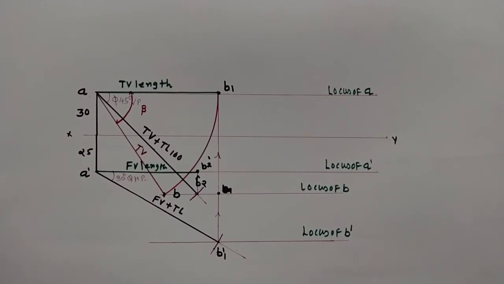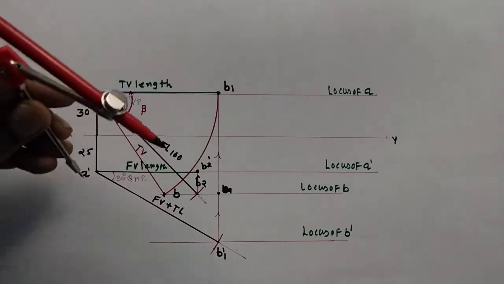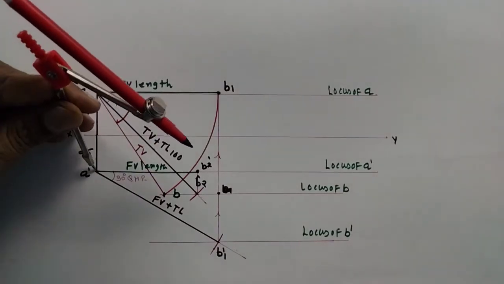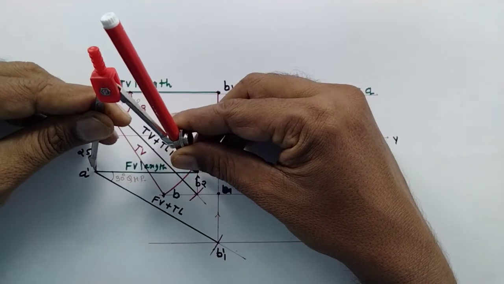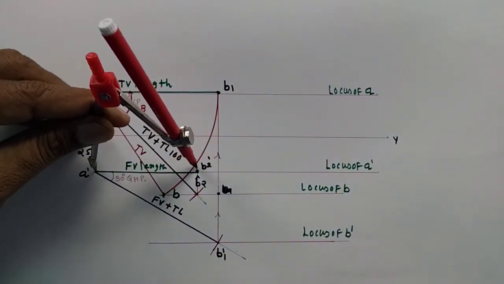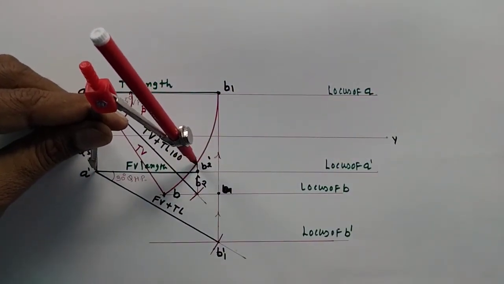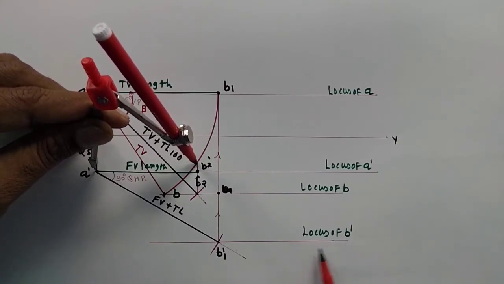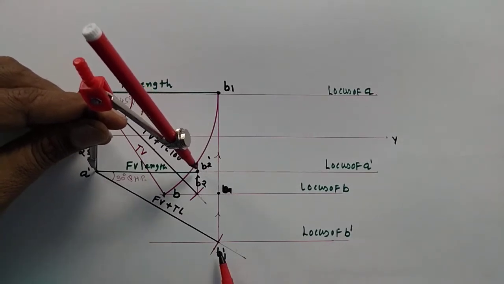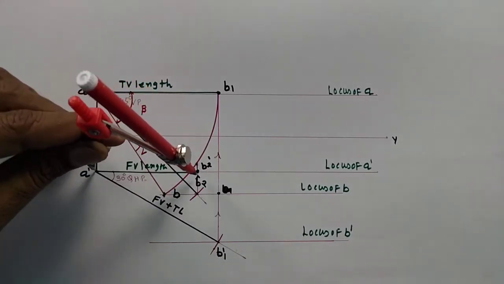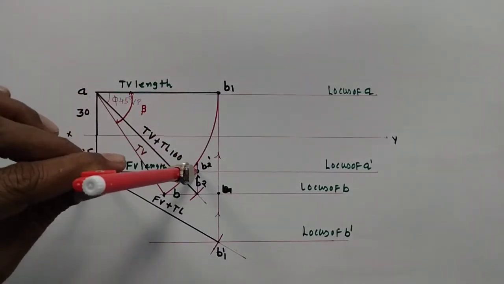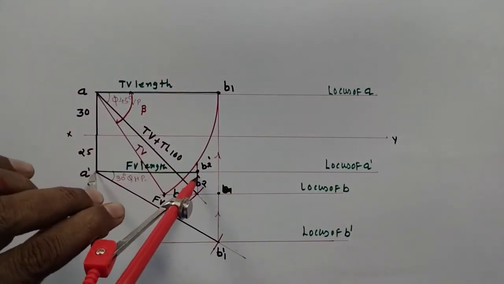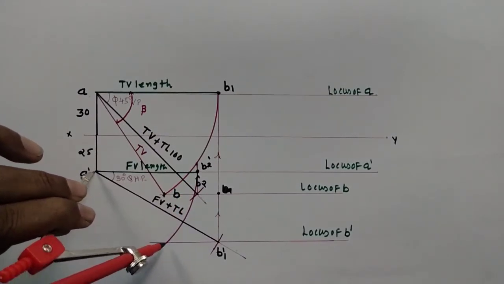Now rotate your front view length toward the locus of B dash. I take A dash B2 dash as a radius and rotate toward the locus of B dash, because I know on this locus there are two points. One is B dash, the actual elevation end point, and second is B1 dash. So for B dash, we take the top view length as a radius and simply rotate it.